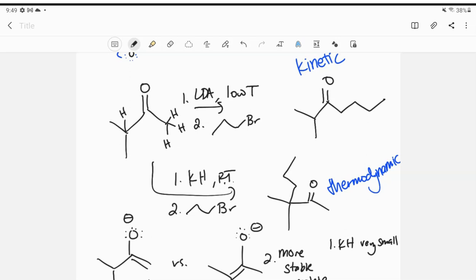You can choose which side by controlling these conditions. So LDA and low temperature will go to your less substituted side. KH at room temperature will go to your more substituted side. More substituted leads to thermodynamic. Less substituted leads to kinetic. All right?